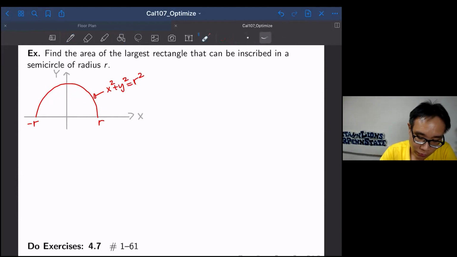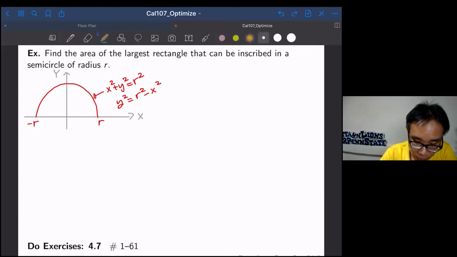Okay, so this one, you have it above the x-axis. Above the x-axis means that if you solve for y, you would get y squared equal to r squared minus x squared, and you're going to take the square root in order to obtain y.